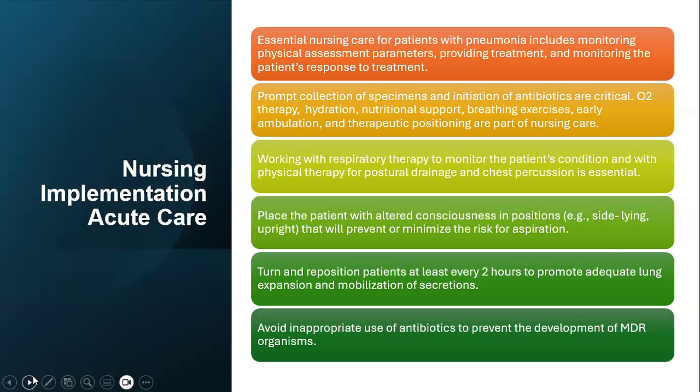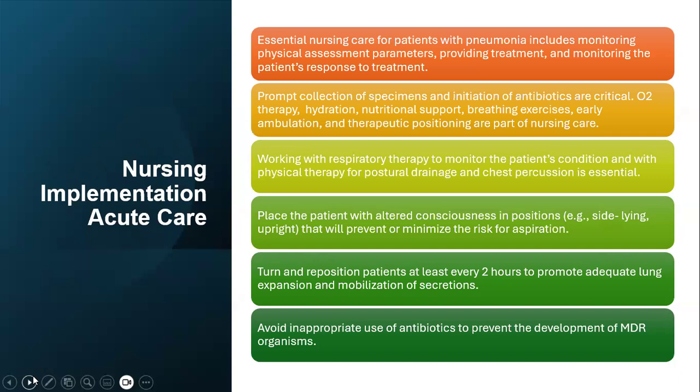Okay, the second part of nursing implementation is acute care, which is all the implementation related to the patients while they are hospitalized. The first one is the essential nursing care for patients with pneumonia, which includes monitoring physical assessment parameters, especially the vital signs, providing treatments, and monitoring the patient response to treatment.